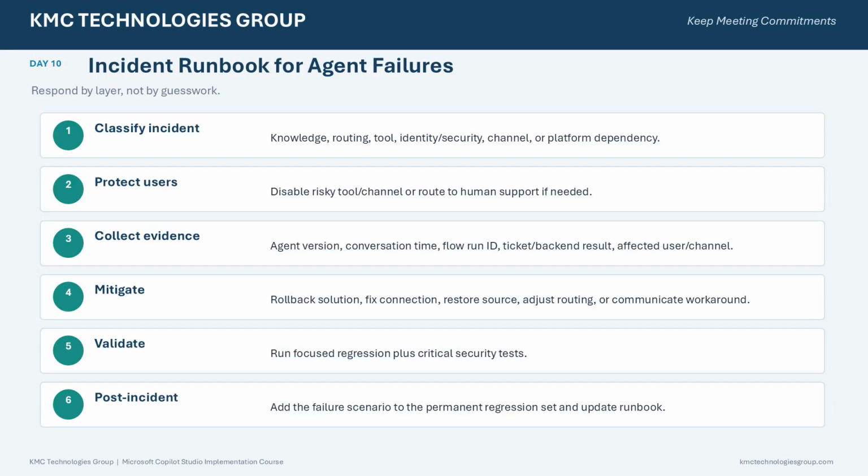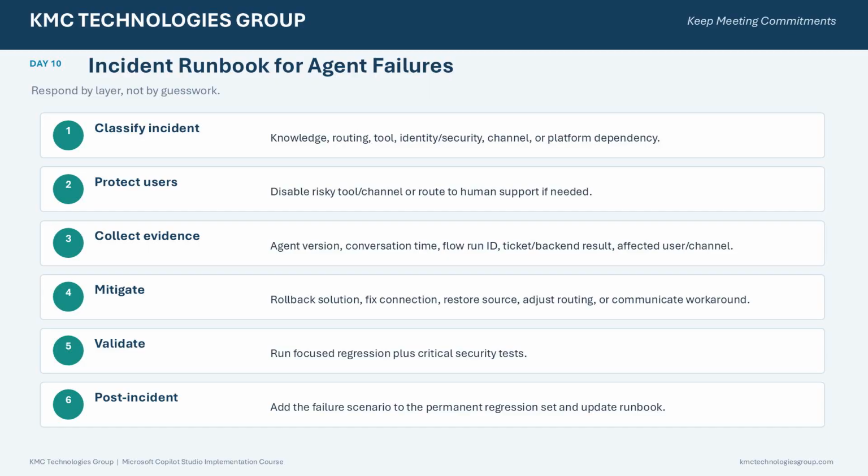When an agent fails in production, respond by layer instead of guessing. First, classify the incident. Is it knowledge, routing, tool execution, identity and security, channel behavior, or a platform dependency? Second, protect users. Disable a risky tool or route users to human support if necessary.